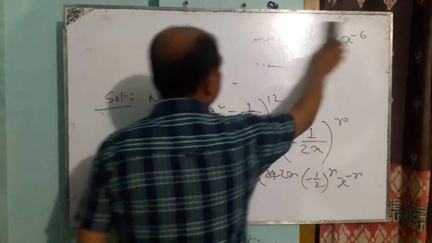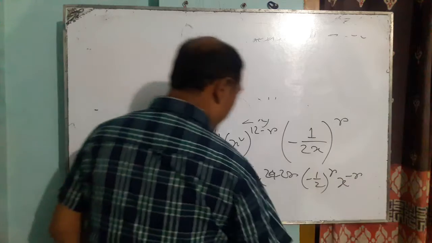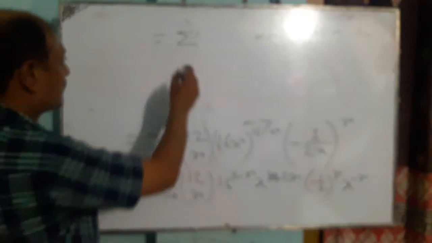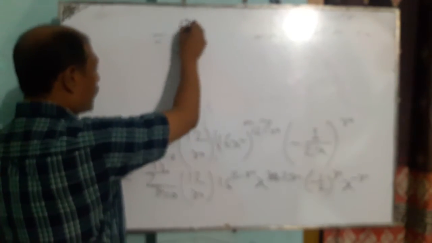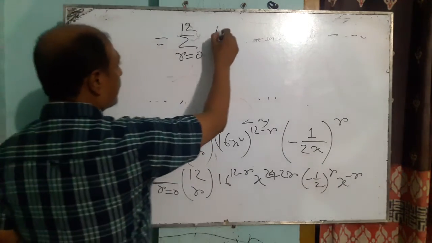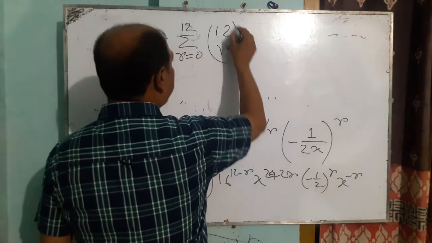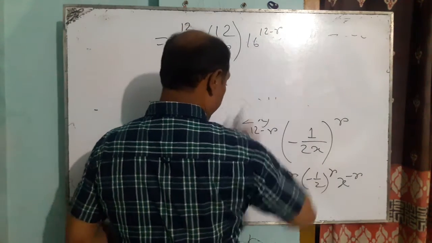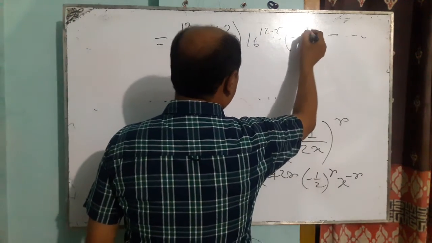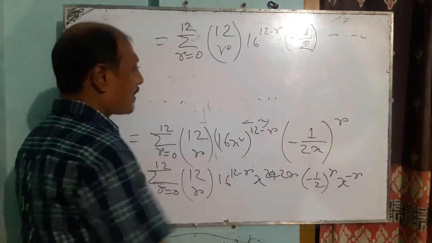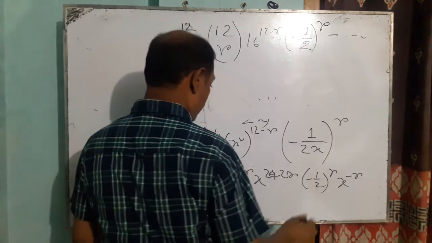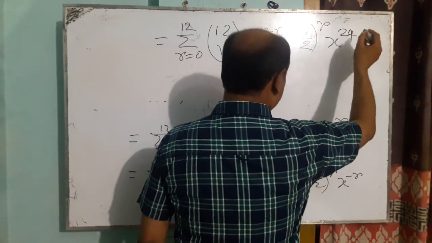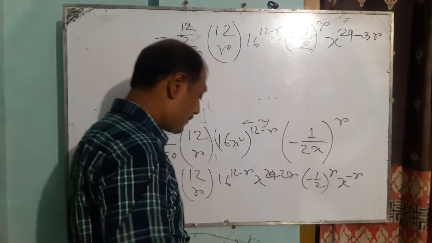Now we can write summation r equal to 0 to 12 of 12Cr 16 to the power 12 minus r, minus half to the power r, x to the power 24 minus 3r.